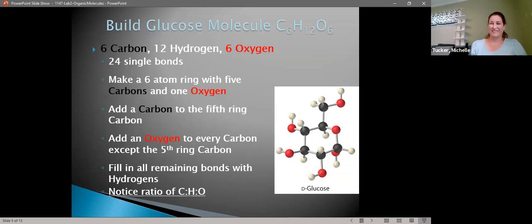If we were in a real life lab, the next step would be building a glucose molecule. We're going to jump over just a sec to a whiteboard because we need to talk for just a second about carbohydrates.